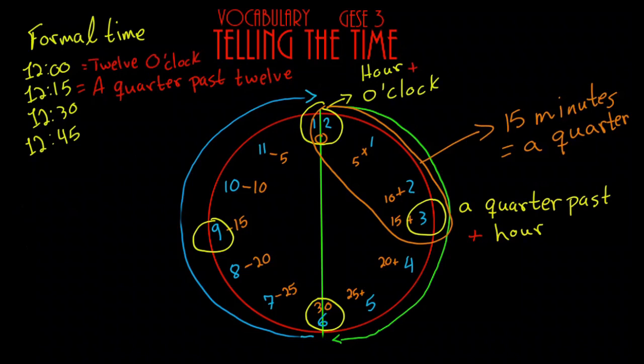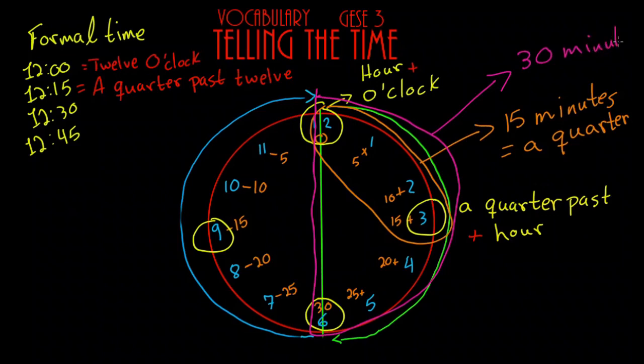And now, when we look at this part of the clock, that is 30 minutes. 30 minutes is the same as half. Okay, so this would be half past plus hour.